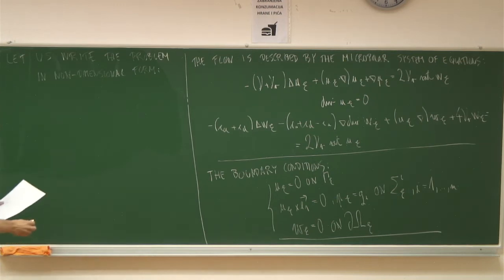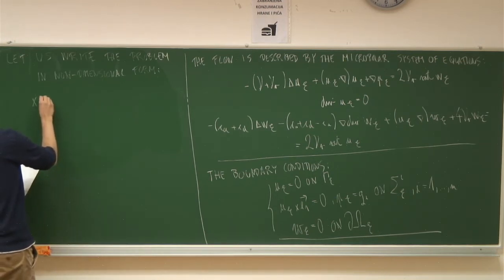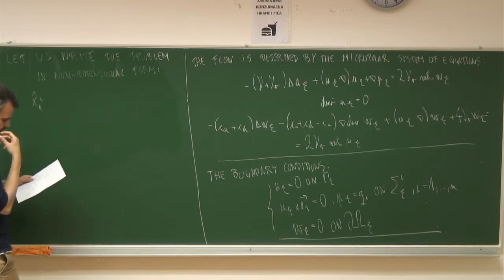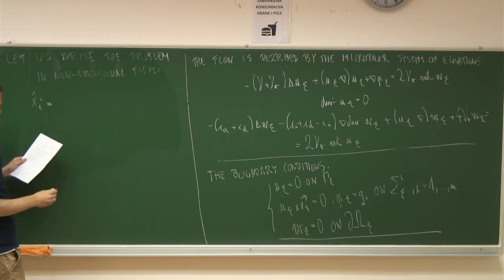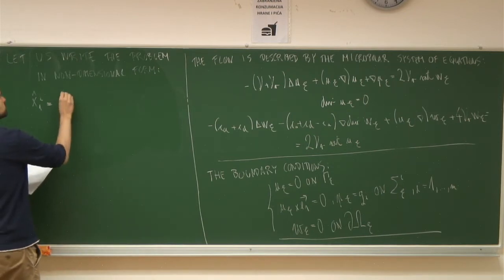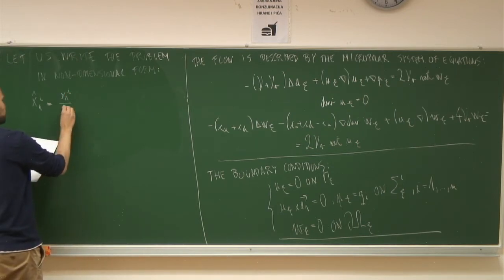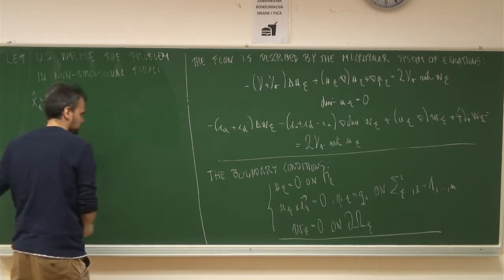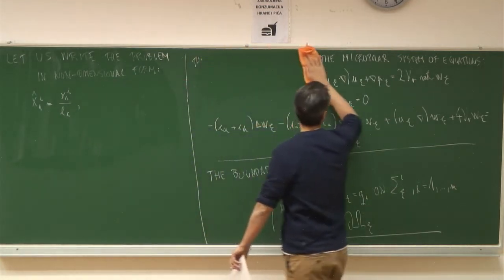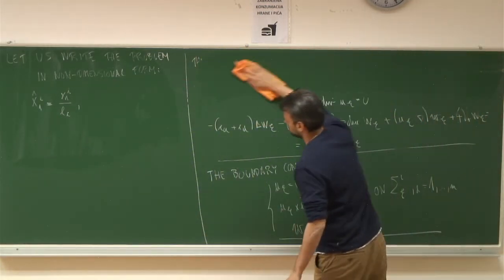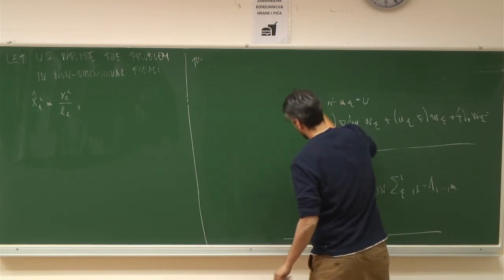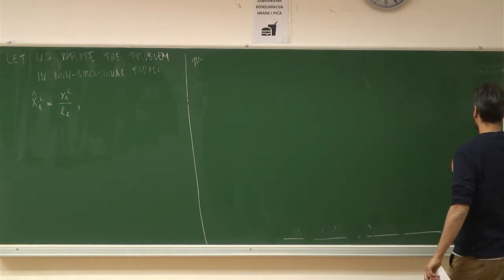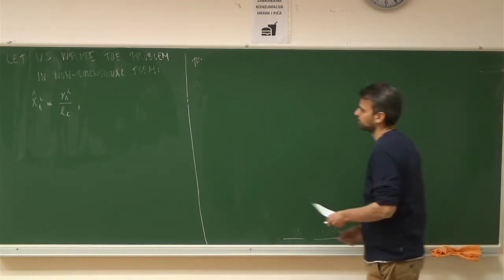So you have the following: y1 is x1 over L_i. So it's a lot of new variables and unknowns. In engineering literature, they almost always ask you to write the problem in a non-dimensional setting. In mathematics, we are maybe not so used to doing this, but it's very reasonable to write it in this form.